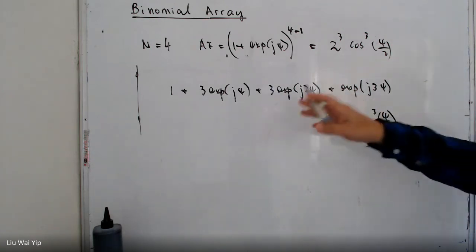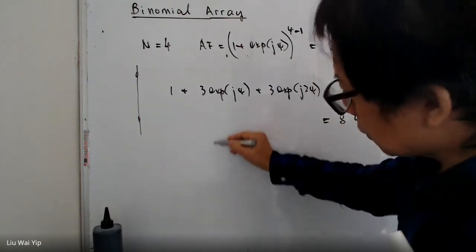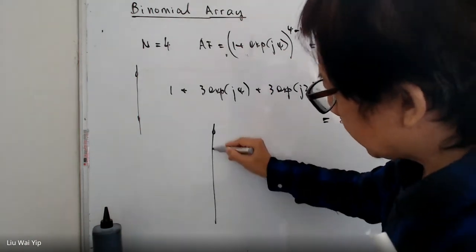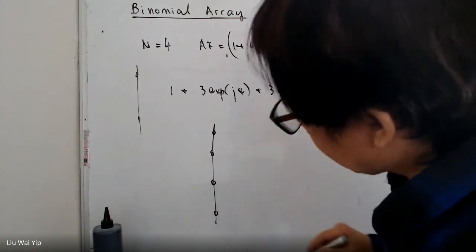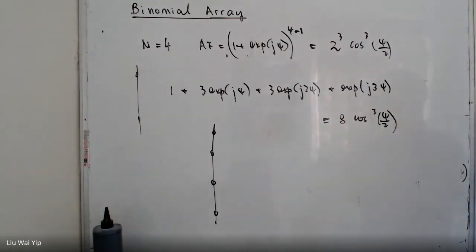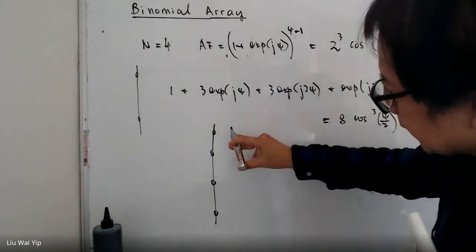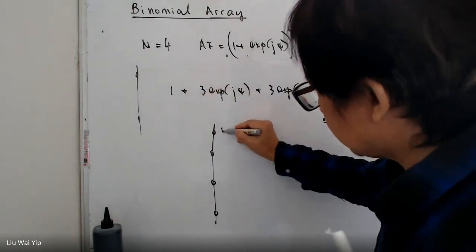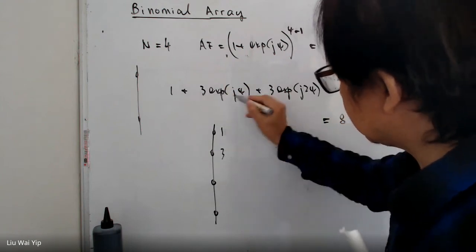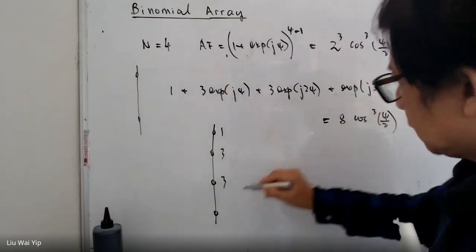And in the actual implementations, you just need to have 4 array elements of the same identical element, but they are excited with different excitation coefficients. This one 1, and this one 3, and this one 3, and this one 1.